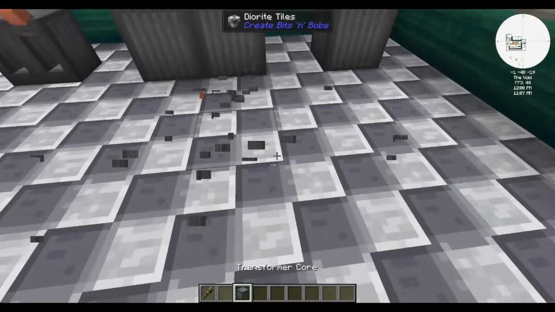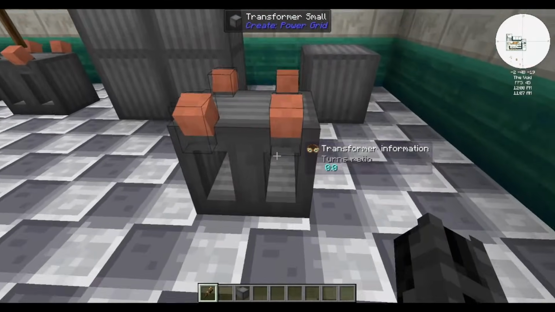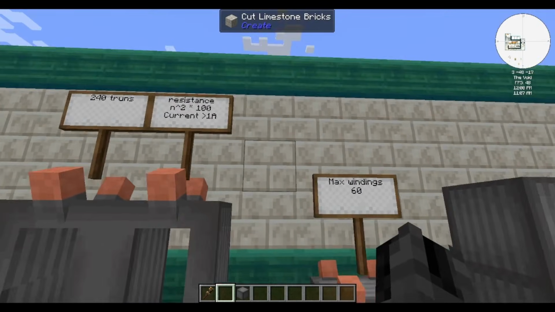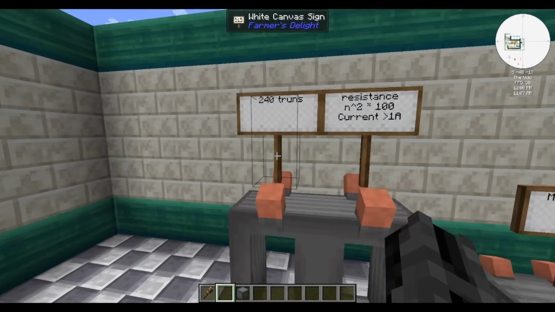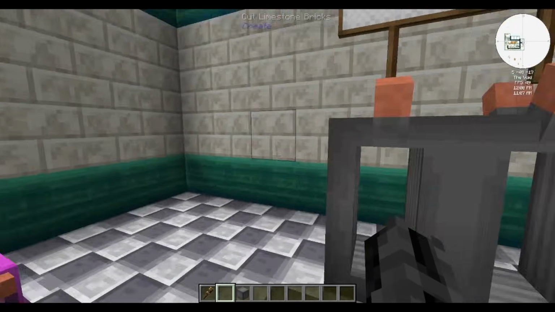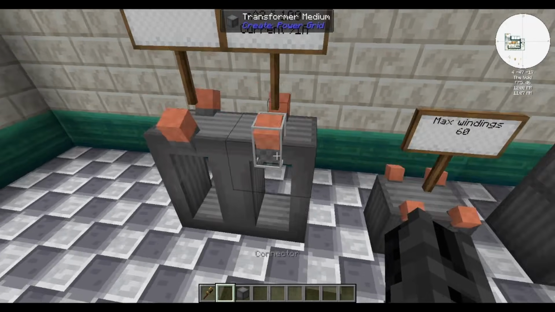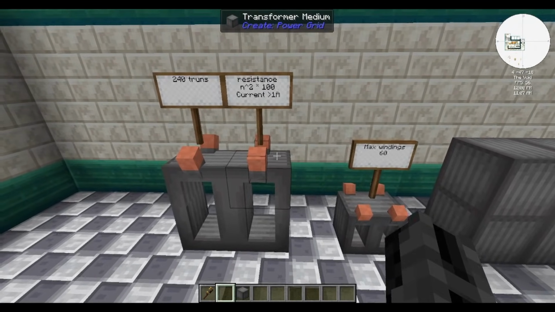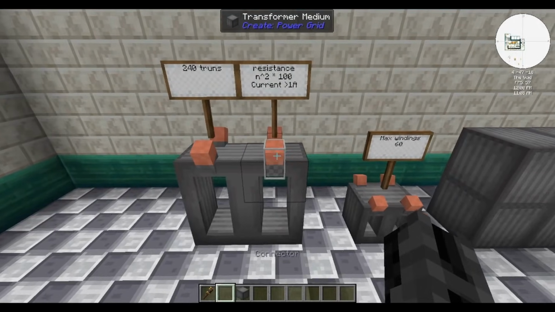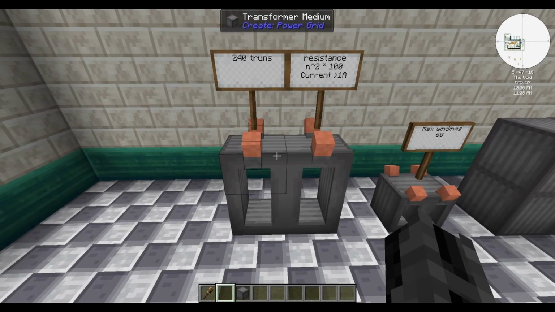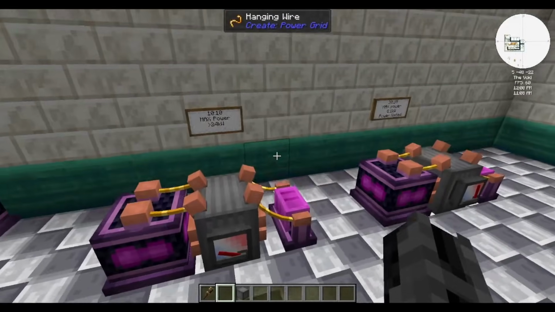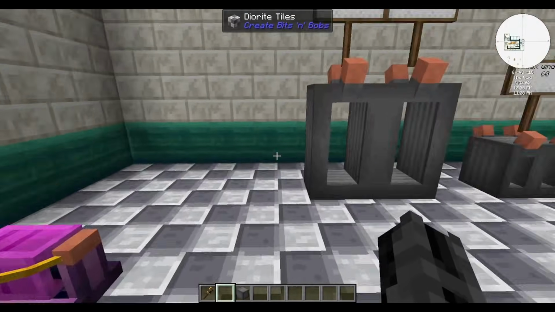The big one is the 2x2 and a 1x1. The 1x1 can only hold 60 windings, while the 2x2 can hold 240. And using different proportions of the windings, you can change the voltage on the output. You can increase or decrease the voltage using a step up or a step down.